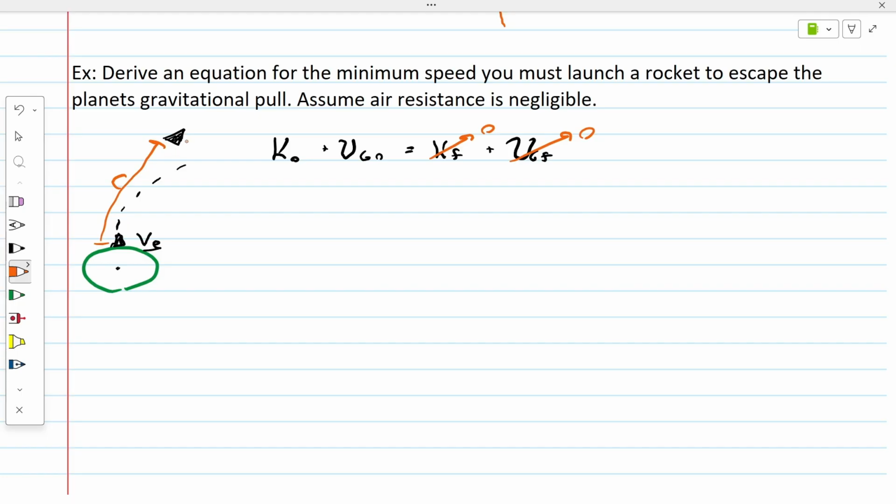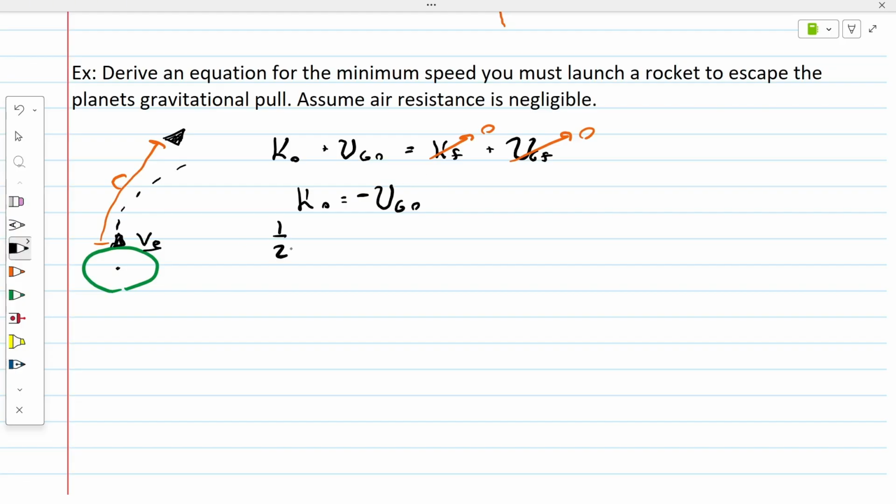Okay, so let's rewrite these variables down here. The kinetic energy initial equals, when we subtract it over, minus the gravitational initial. Now we can plug in what we have here.